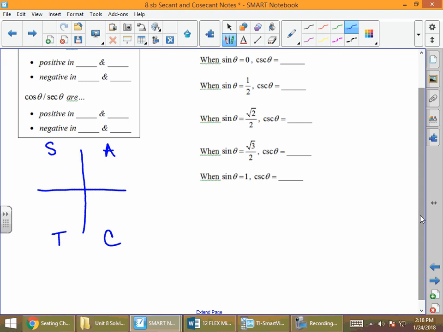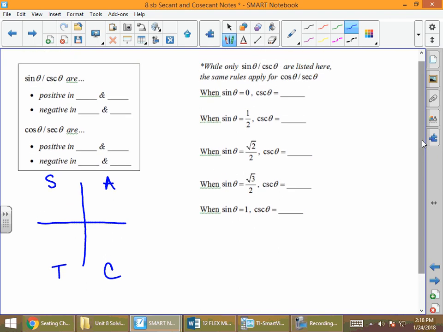In the second quadrant, sine. All Students starts with S, sine starts with S. Sine is going to be positive in that second quadrant. And we can go back now and fill in this chart up here. Sine is positive in quadrant 1, and it's also positive in quadrant 2.